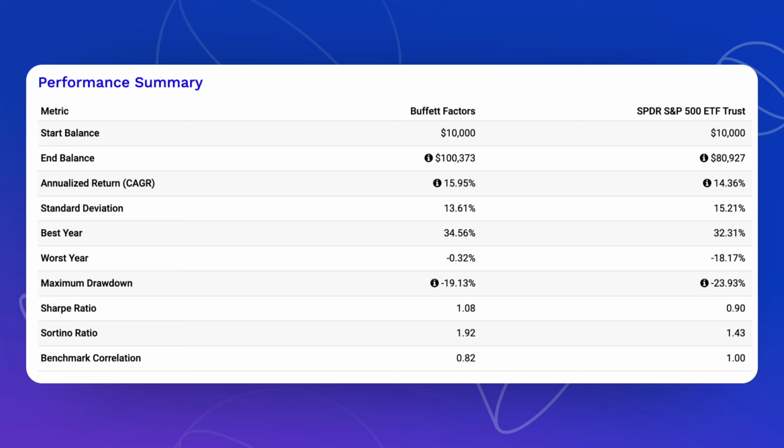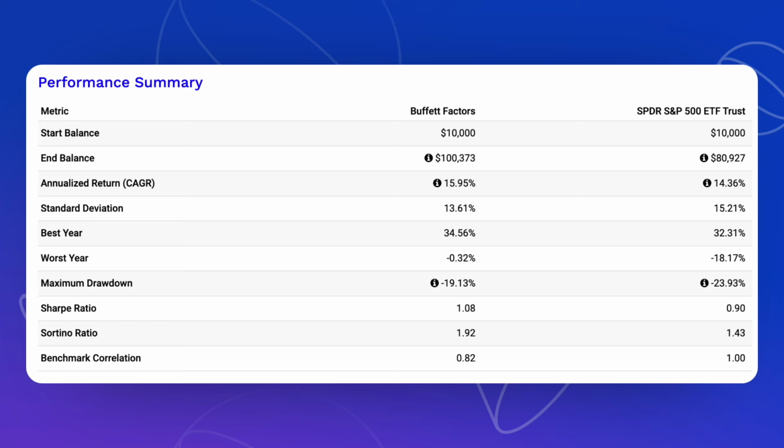You can see the Buffett Factors portfolio is about 13.61%, which is lower than the S&P 500's 15.21%. And the worst year in the period from 2009 to 2024, we can see, was only down by 0.32%, less than 1%, while the S&P 500 was down 18.17% for its worst year in about 1.5 decades.